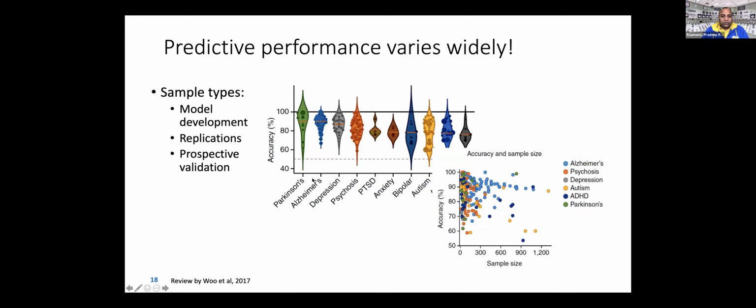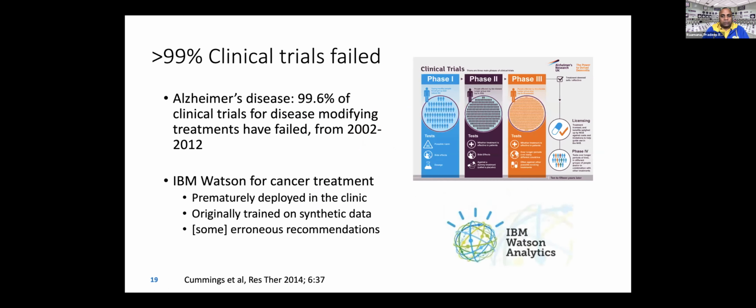Even in the Alzheimer's domain, where large data sets are available and a lot of people are working on it, you can see large variability in the results, and that is also reflected in other disorders too, going from Parkinson's to depression and many others, even with large sample sizes, right? Another representation of this problem is that most clinical trials in the AD world failed because of this cheating approach, to put it really plainly, right?